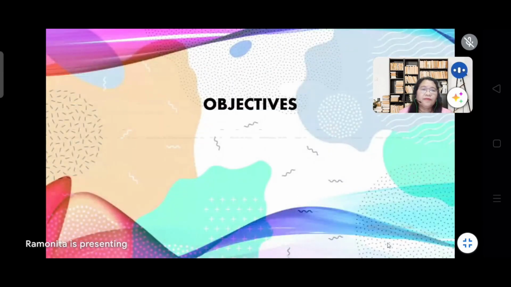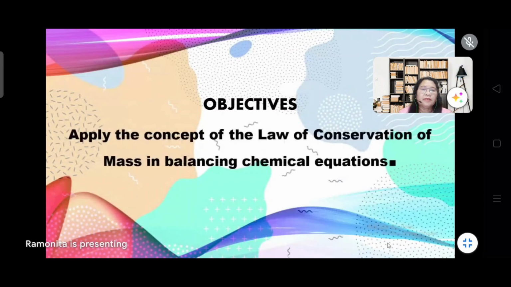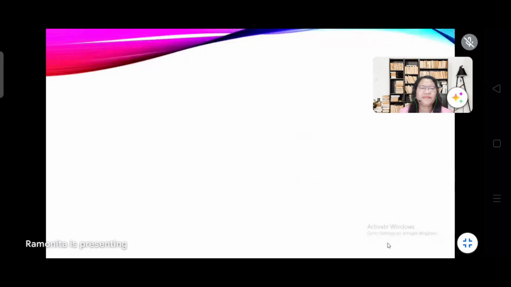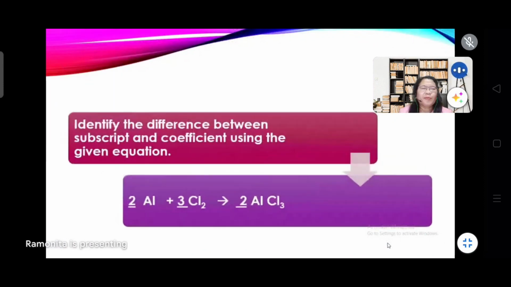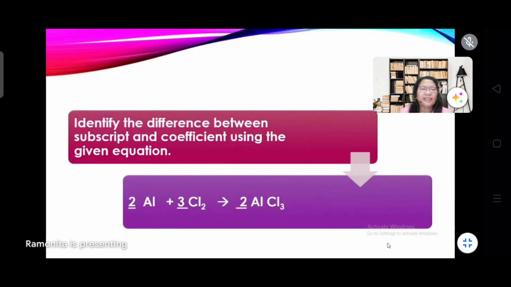Our objective is to apply the concept of the law of conservation of mass in balancing chemical equations. But before we proceed, let us try to identify the difference between subscript and coefficient using the given equation of 2 moles of aluminum and 3 moles of chlorine produce 2 moles of aluminum chloride.